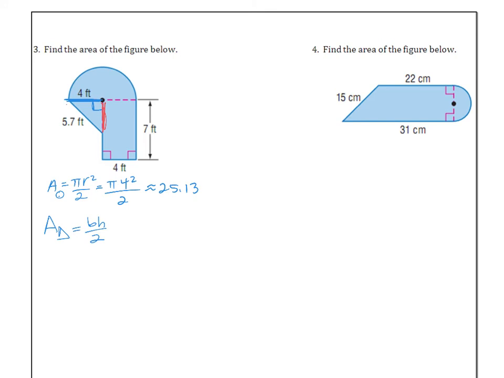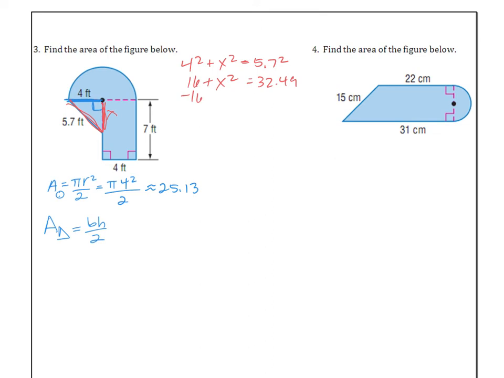So I'm going to have to use this triangle and do a little Pythagorean theorem to figure out x. So 4 squared plus x squared equals 5.7 squared. Let's just figure out what's 5.7 squared, 32.49.